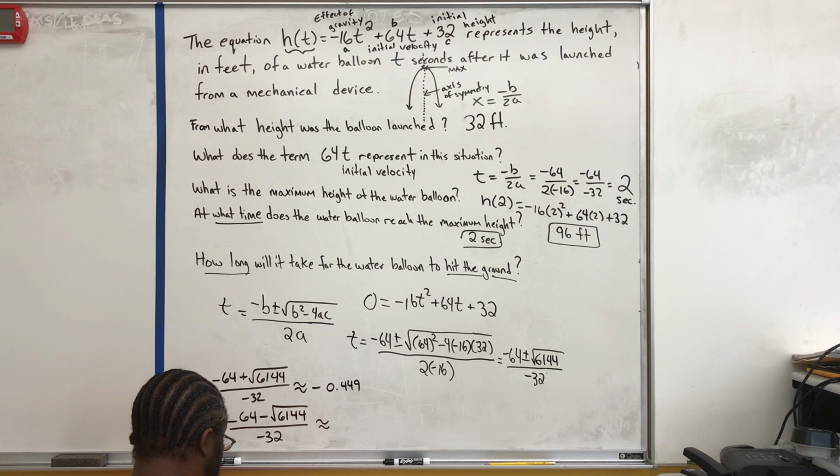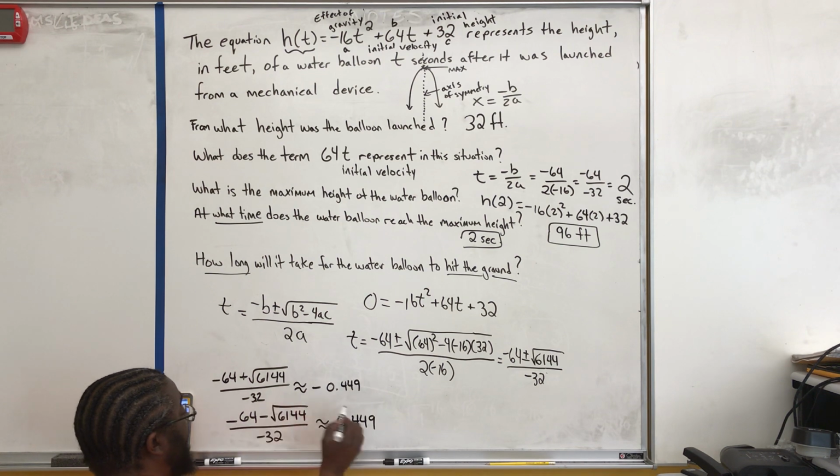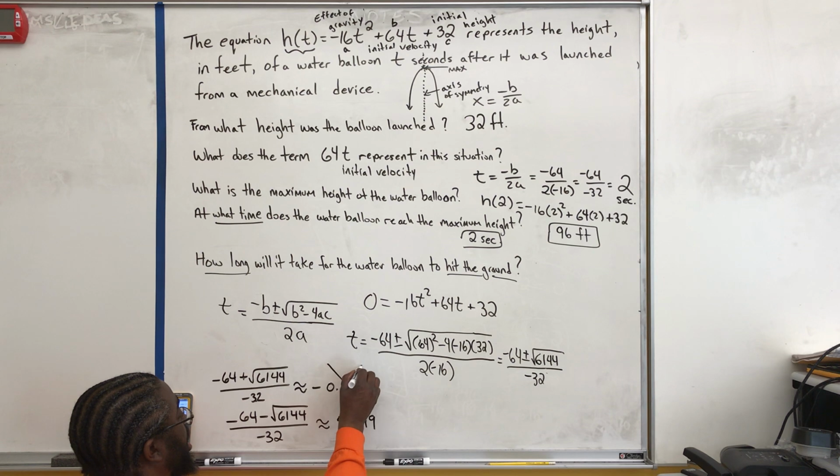We have negative 64 minus, this time, the square root of 6,144, which equals like negative 142 something, then we divide that by negative 32, and we get 4.449.